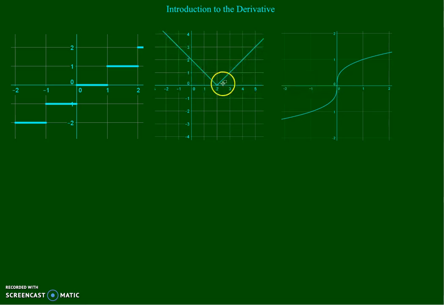This function is continuous, yet it's non-differentiable here, and this function is continuous, yet it's non-differentiable here. So continuity does not imply differentiability. On the other hand, differentiability does imply continuity, and that's something you should take note of because it will be very useful later on.